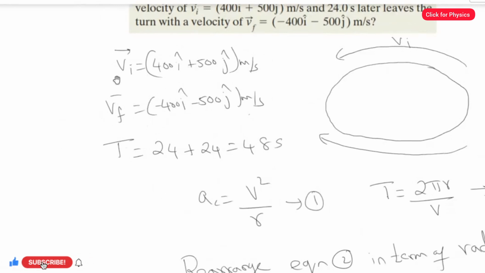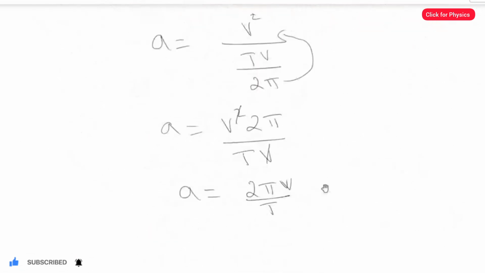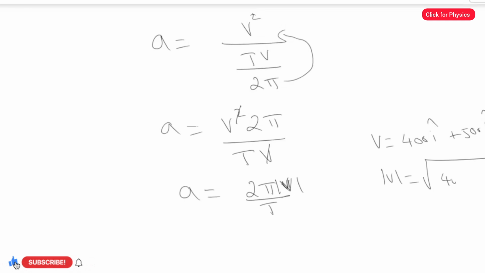So I have to find the velocity magnitude. Let's take any one of the equations, because we have to substitute the velocity magnitude here. For finding the velocity magnitude, let's take 400 i cap plus 500 j cap. When you take the magnitude, you will get the square root of 400 square plus 500 square.